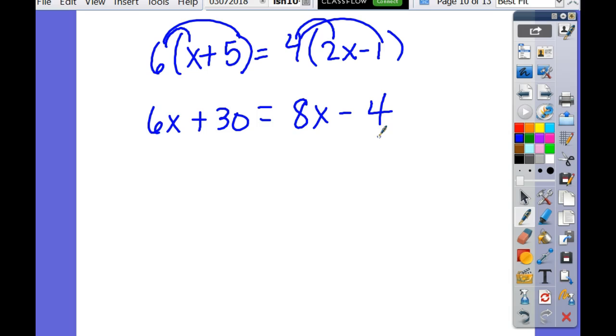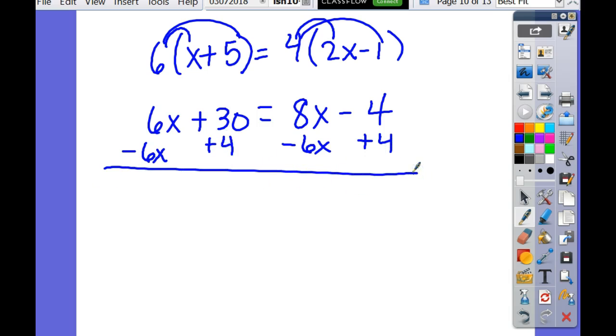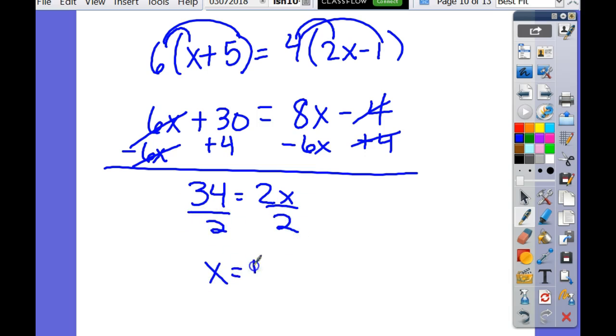And solve. I'm going to subtract 6x from both sides, and I'm going to add 4 to both sides. Cancel the 6x. That cancels the 4. Divide by 2, and x equals 17.